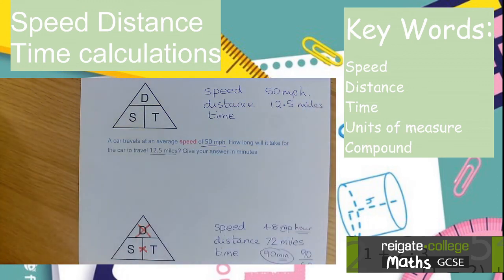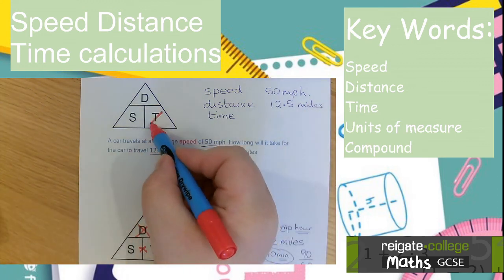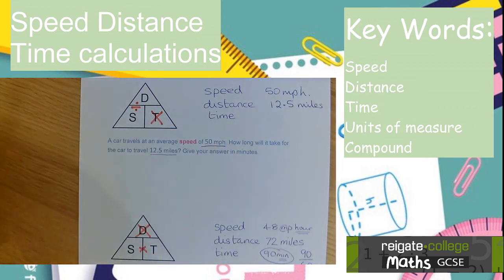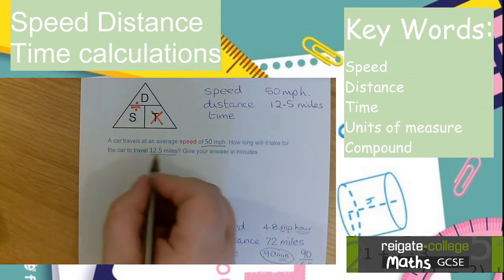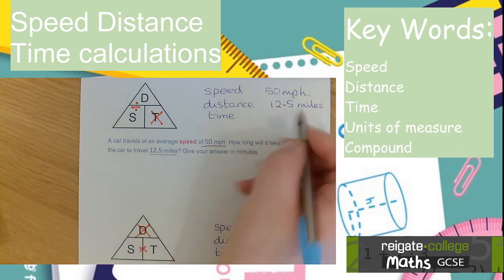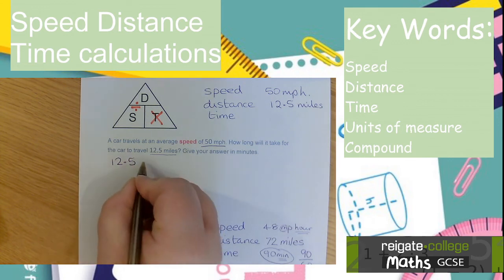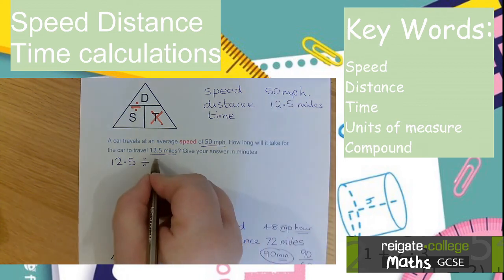Looking at our triangle, we want to work out time. So the calculation we have is distance divided by speed.